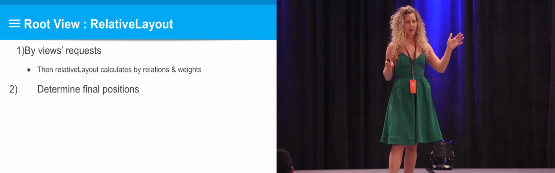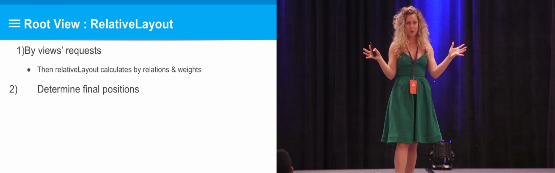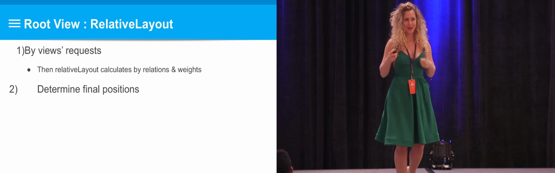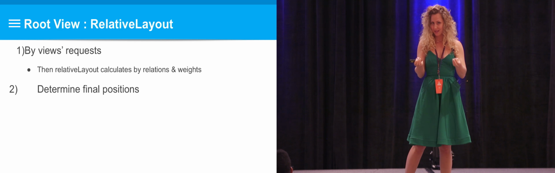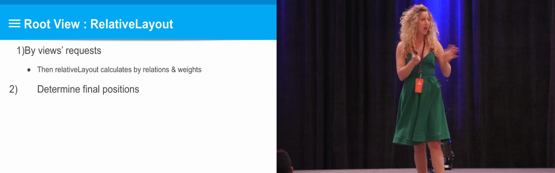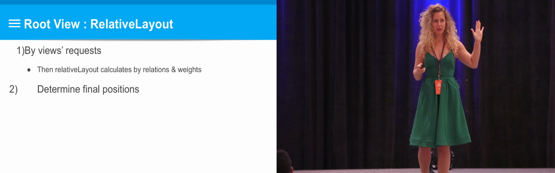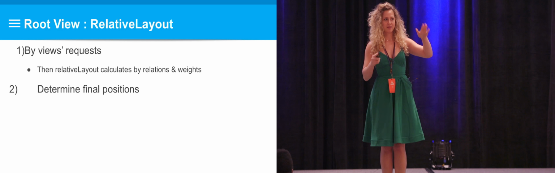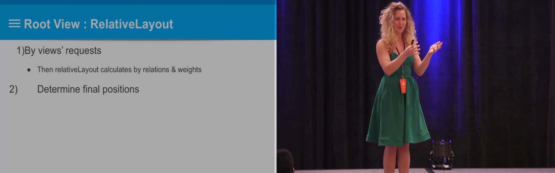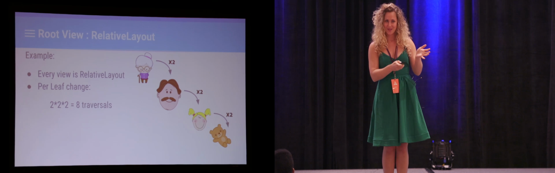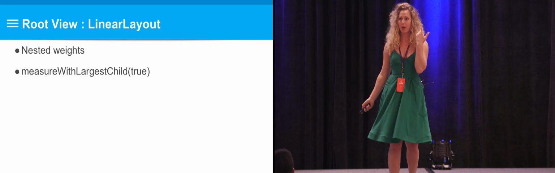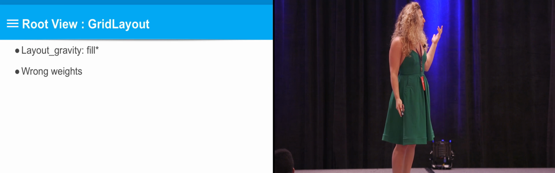And only then, after everyone tells us whatever they want, the parent, the relative layout, is going to evaluate where they can actually be, actually give them a size with pixels at locations, and only then we can determine the final size, and we go a view after a view and tell them where do you want to be, this is your location. So on relative layout, there are definitely two passes, which is something we have to remember.